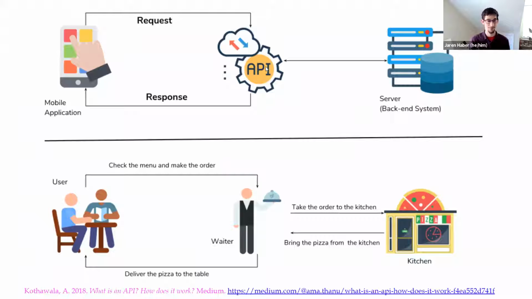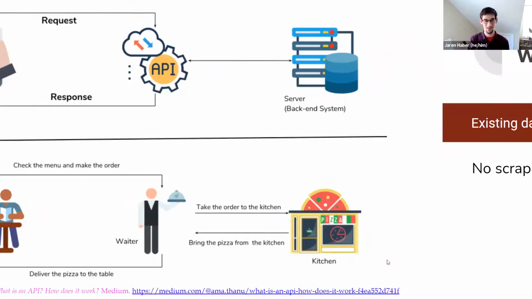And the API is just saying, okay, here's a database, here's the protocol and rules for how you access it. You can compare this to someone at a restaurant, and there's actually a kitchen where the stuff is made and you're going to ask for it, but the API is like a waiter. So you're like, oh, here's what I want. And they're like, okay, fill out the terms of service. And then they would bring you your pizza eventually, right? And I didn't make this graph, it came from someone else. Standing on the shoulders of others.